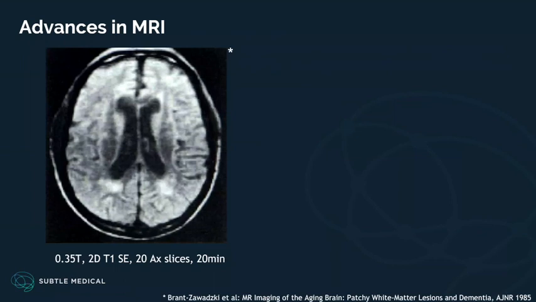So what have been the advances in MRI? I want to show you an image from a 1985 paper from Dr. Zwadsky et al., which is imaging dementia patients. This was done on a 0.35 Tesla using a 2D spin echo T1 technique, acquiring only 20 axial slices in about 20 minutes, really long, and at a very low field strength.